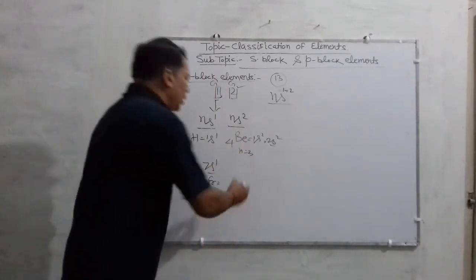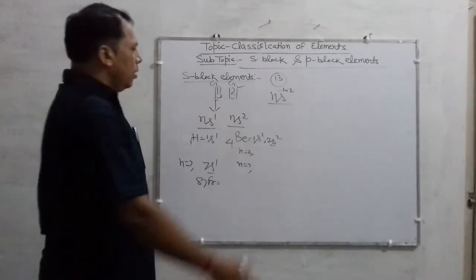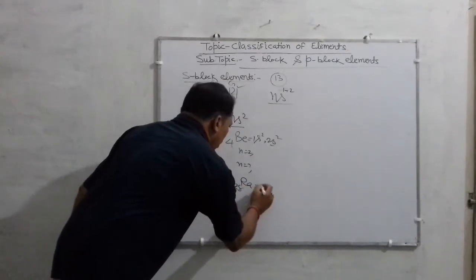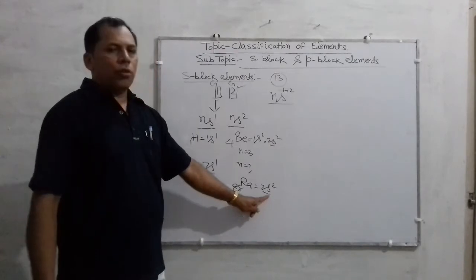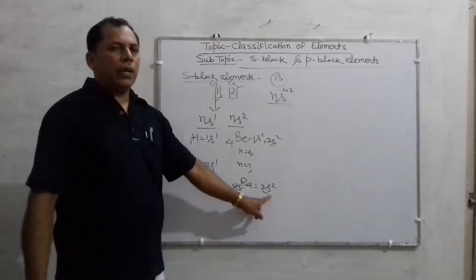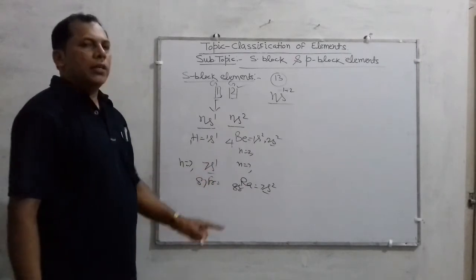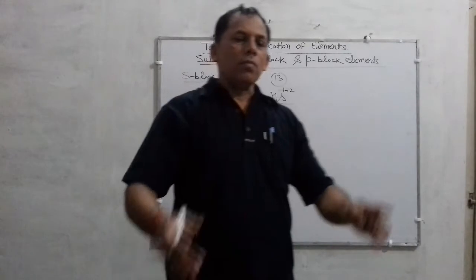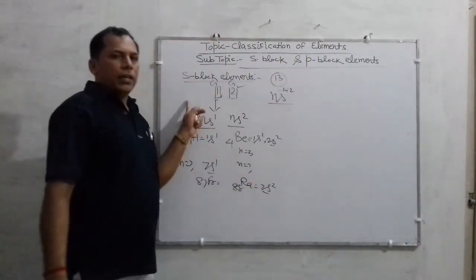Similarly, if n is 7, you will get the last member of this group, that is radium, 88Ra, and in the end will come 7s2. So the last electron occupies the S subshell in each case. That's why they are called the S block elements.